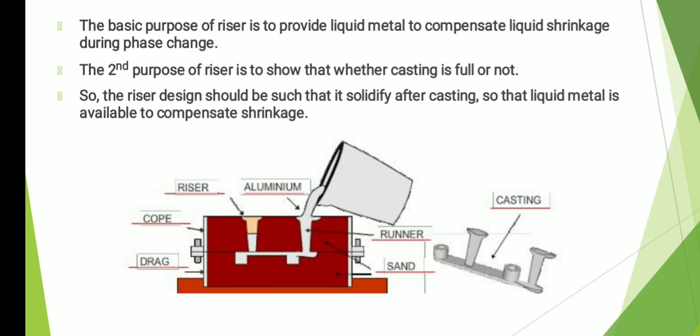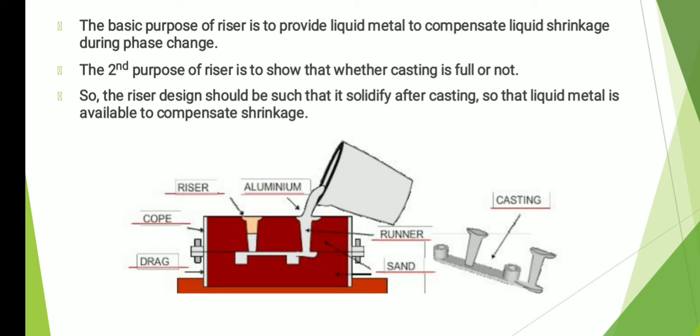One thing is clear from here: the design of riser should be such that it solidifies after the casting, so that liquid metal is available to compensate the shrinkage. I think these are the two important purposes of riser that you are expected to answer in the interview.